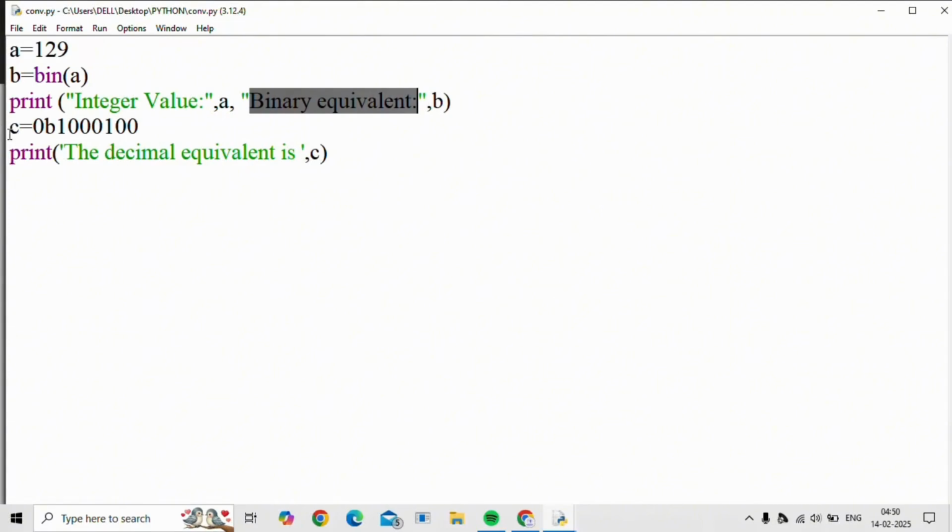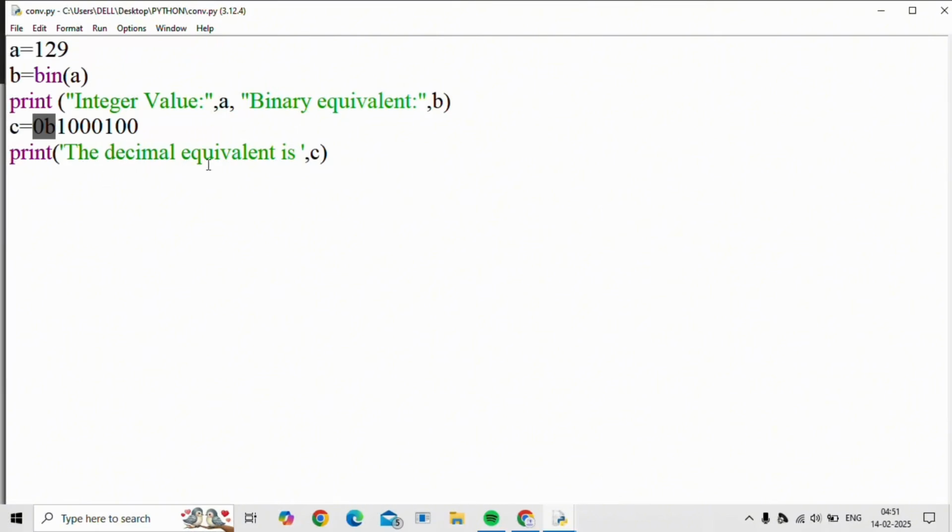Likewise, in the fourth statement, we declare one variable called C. It contains a binary number, still an integer value, but in the form of binary. We are representing the integer value in the form of binary number. To represent the binary number, we have to prefix the binary value with 0b.